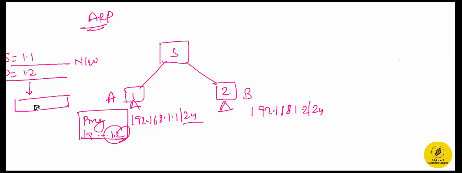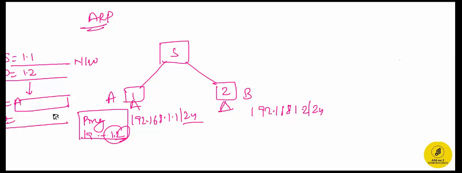The data link layer needs to add the source MAC address and destination MAC address. The source MAC address is known because it's the machine initiating the packet, so the source MAC address is A. Destination MAC address: we don't know the destination MAC address at this moment. So computer A doesn't know the destination MAC address. This is where ARP comes into the picture.